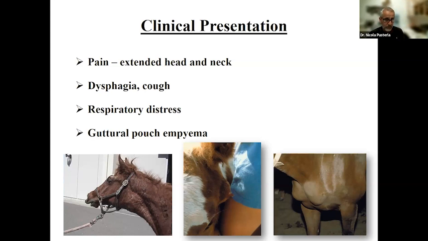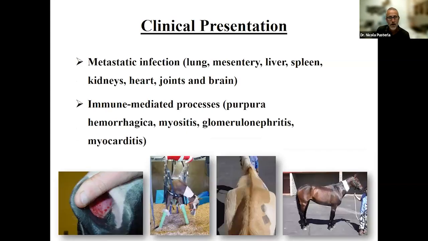I'm assuming, although correct me if I'm wrong, that every single horse will at some point have guttural pouches that are colonized by Strep equi. That doesn't mean that every single horse will develop empyema. You have to have either a drainage issue, a colonization, or a drainage of the retropharyngeal lymph node for a horse to have guttural pouch empyema, with then the risk of developing chondroids and then down the road becoming an animal that may become a silent shedder for an extended period of time.